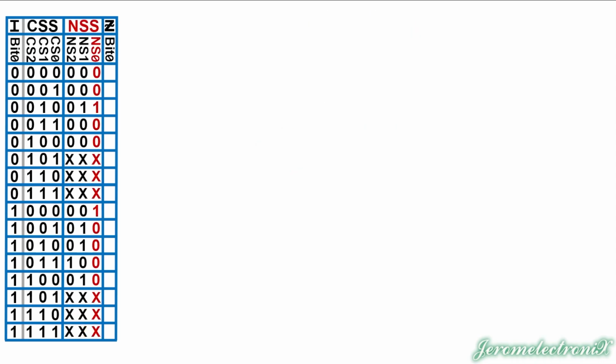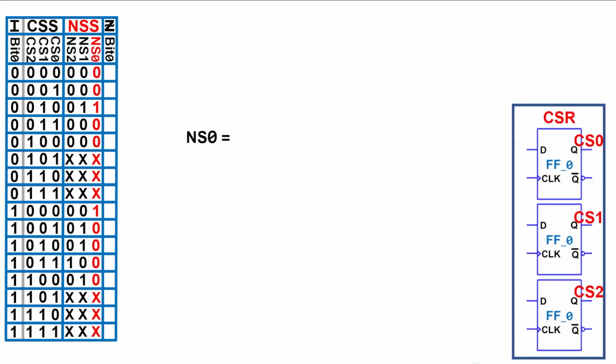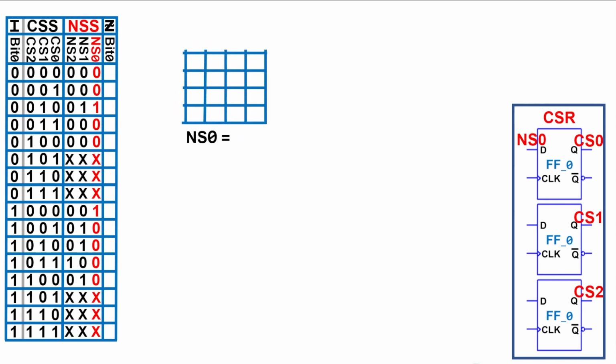Okay. Now, last time we considered Z next, what the outputs are. We're going to do that in a few minutes. We're just going to start K-mapping these NS0, NS1, and NS2. You have your K-maps on your sheet. Putting the CSR there so we can remember where things go and where they come from. This is where we're going to plug the data for NS0 in, and there is our NS0 K-map.